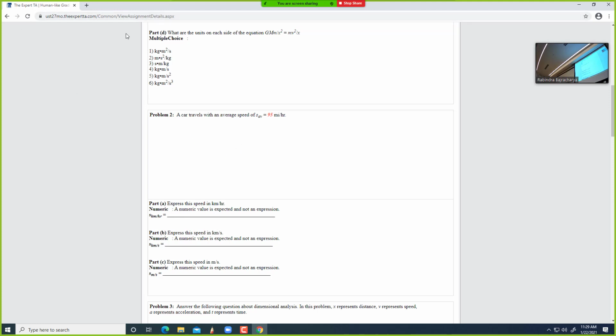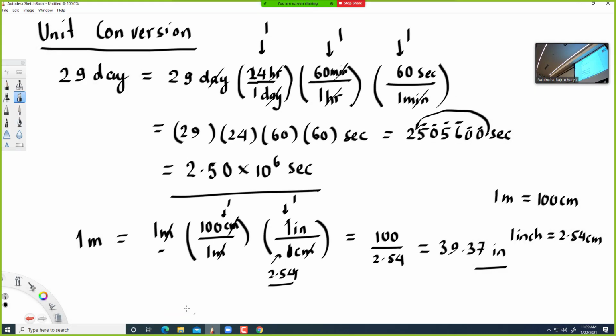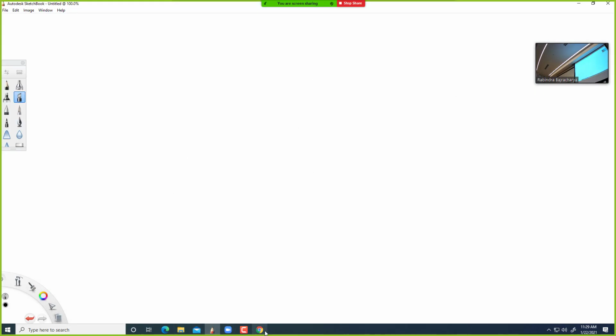So if you don't know the relationship between miles and kilometer, you can Google that. So let me just show you one, how to do that. So we have 95 miles per hour, or let's just use the MI, miles per hour.